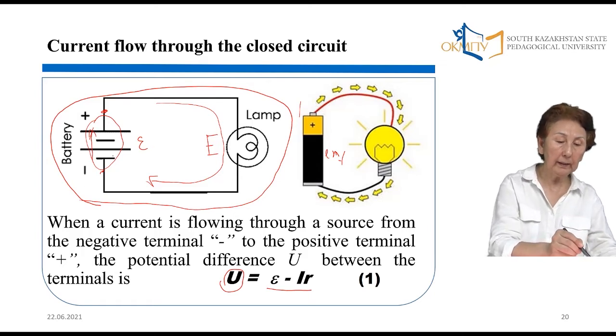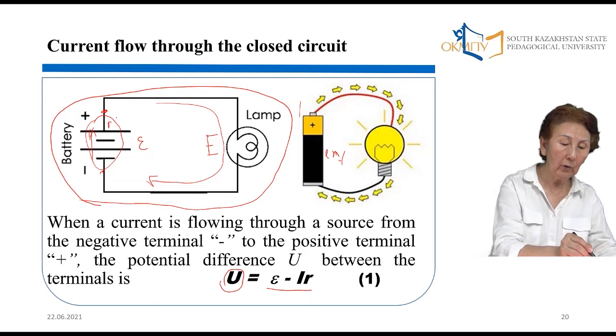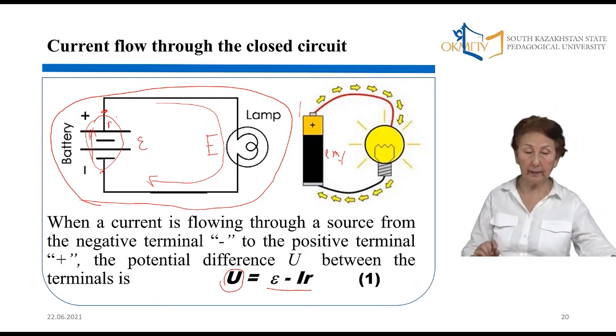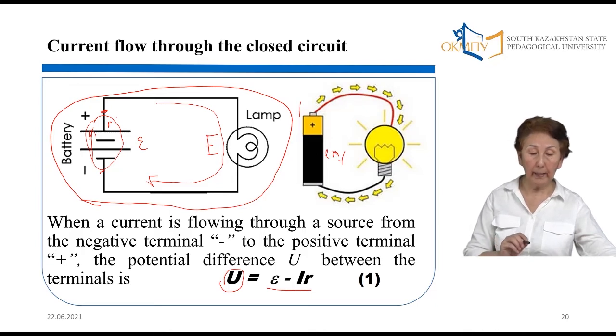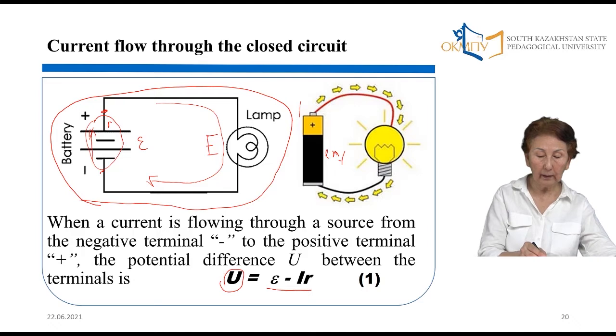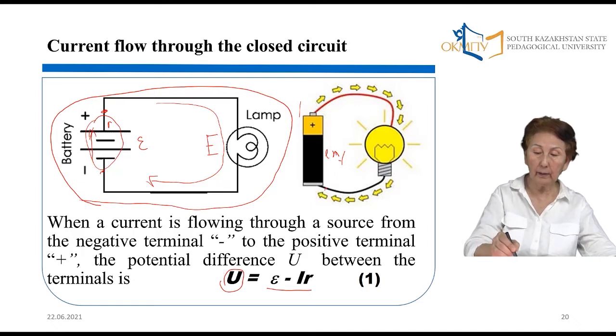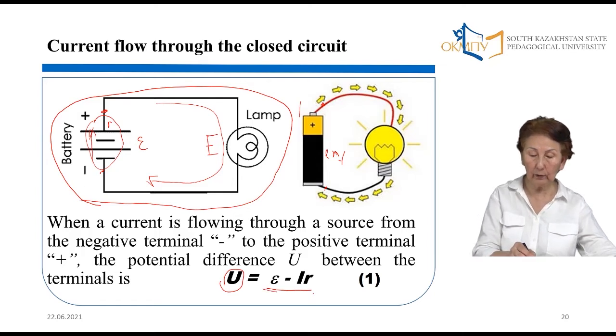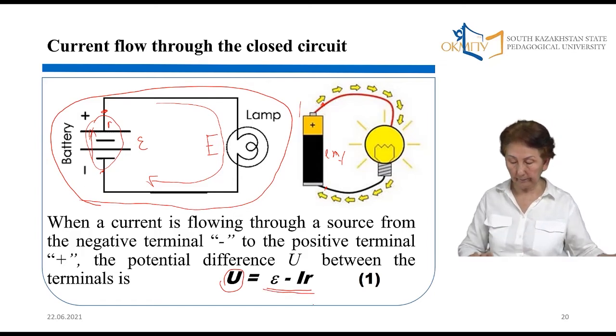Because the battery has its own internal resistance, that is why we have a potential drop inside the battery. And that is why the potential difference in the external circuit between the terminals of the battery is equal to this difference.